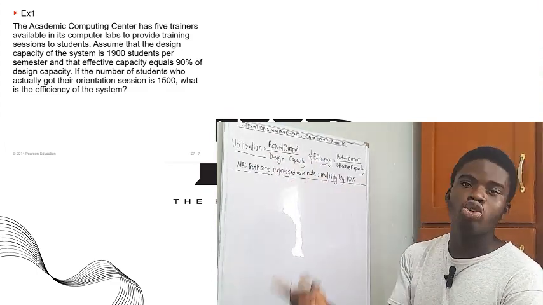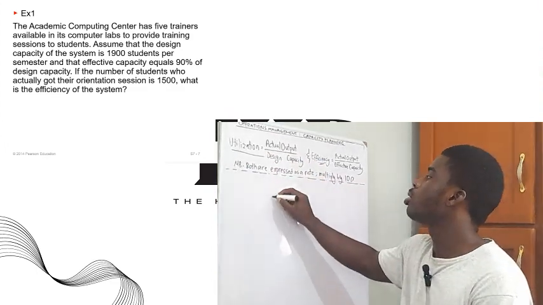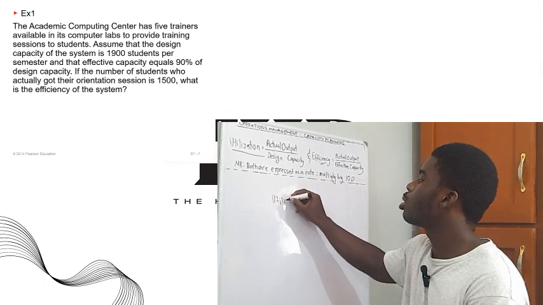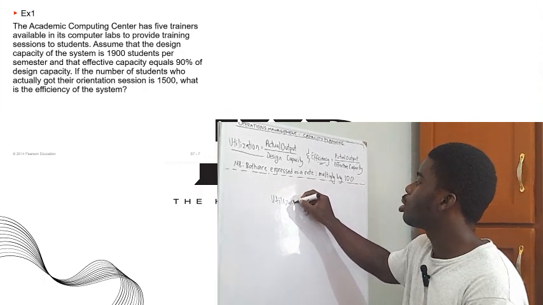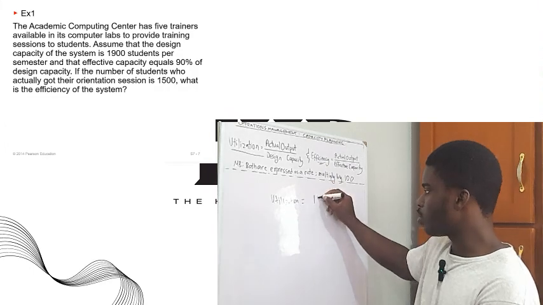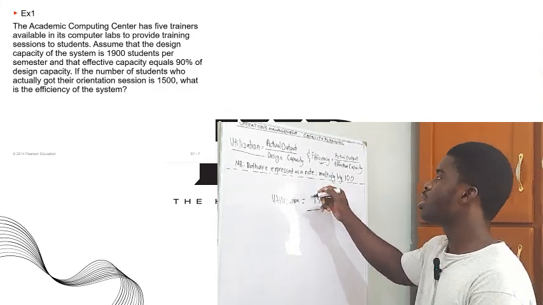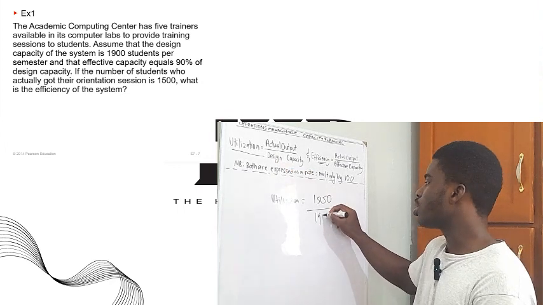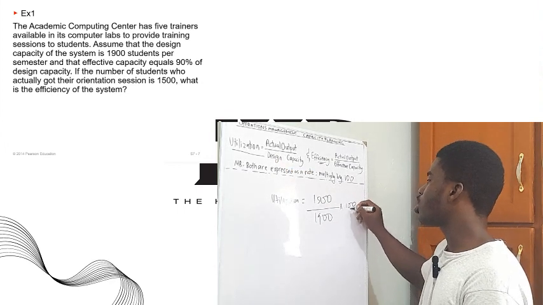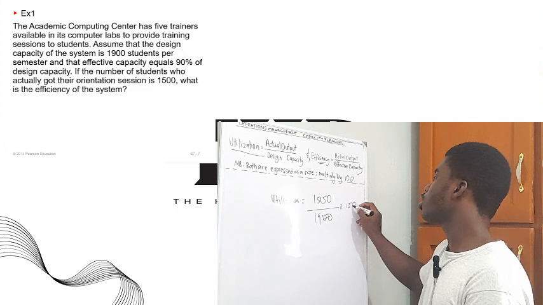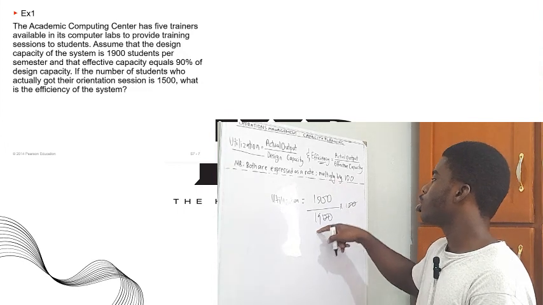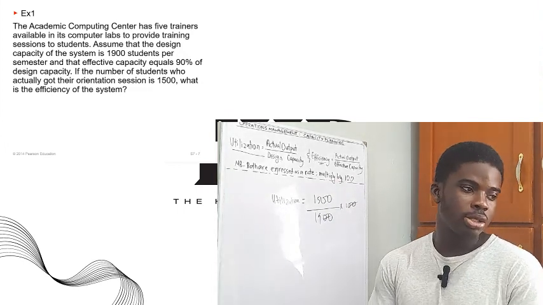So if you want to find utilization, I'm taking the actual output of 1500 all over the design capacity, which was 1900, and multiplying by 100. When you calculate this, what do you get?